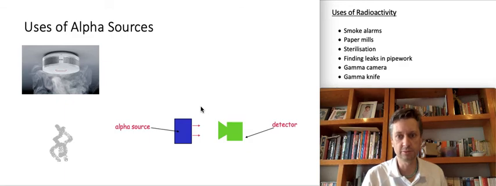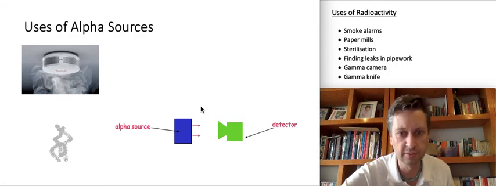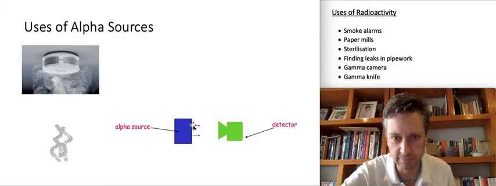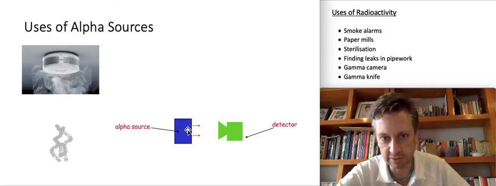Usually smoke detectors use americium, named after the Americas, americium-241, which is an alpha particle emitter. Now you know that alpha particles are very ionizing, not very penetrating, and a smoke detector uses both of those characteristics. So this is your source inside your detector.